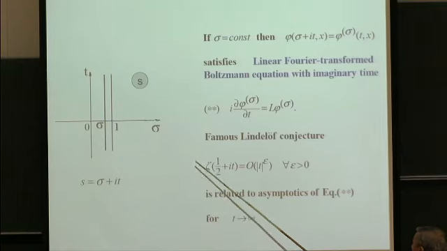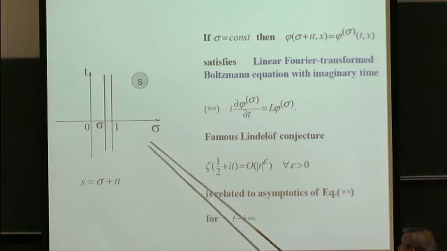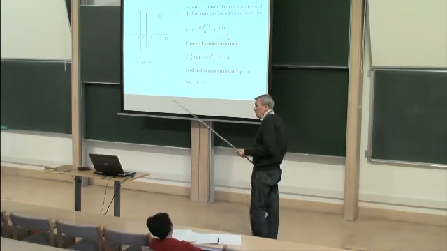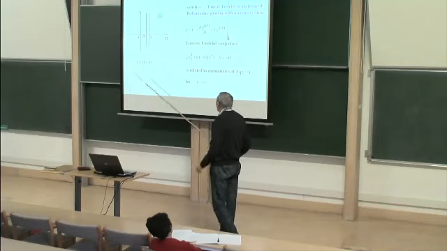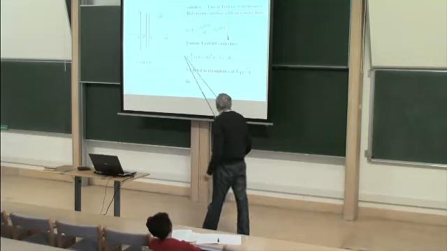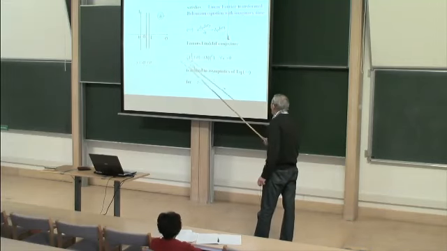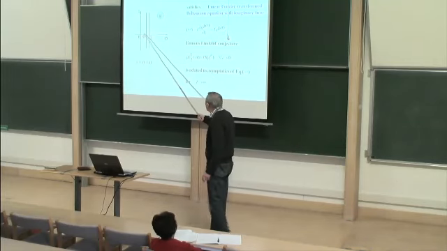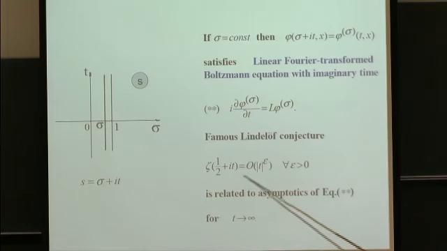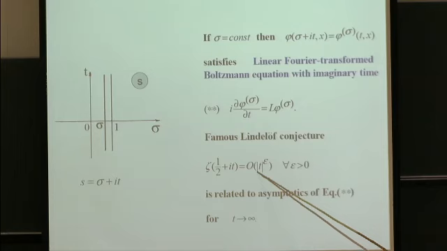In particular, for the zeta function, there is a famous Lindelöf conjecture, which is a consequence of the Riemann conjecture, that zeta on the line sigma equals 1/2 behaves like O of modulus t to the power epsilon for any positive epsilon.